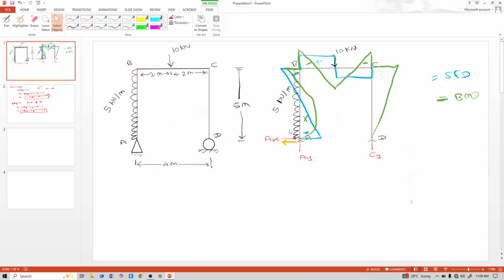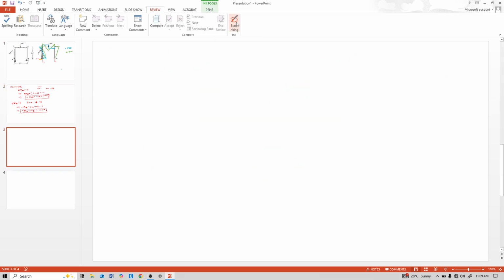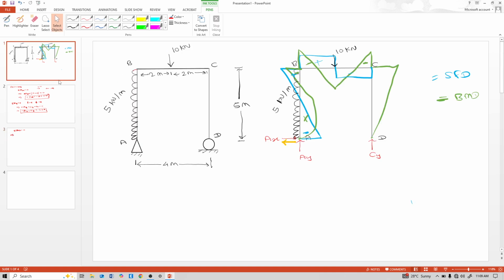So for that, first consider this 5 kilonewton per meter UDL. Summation of moment at point A equal to 0. Now this 5 kN per meter UDL is clockwise about that point.